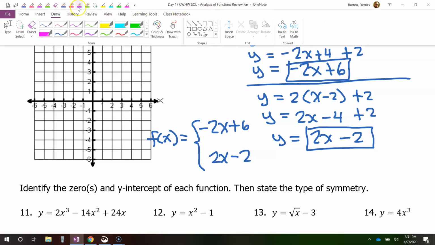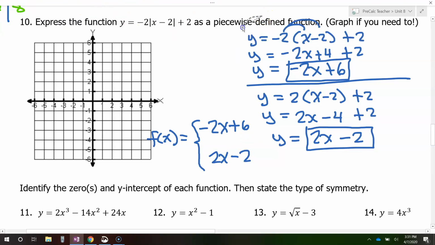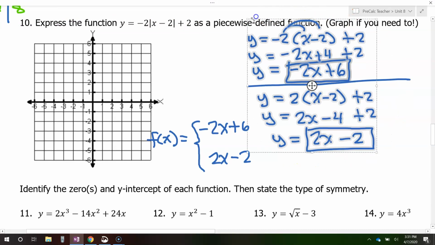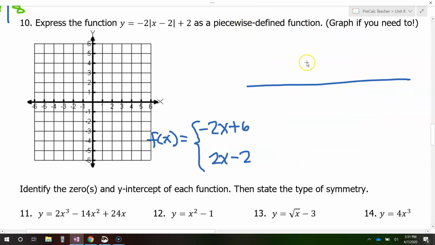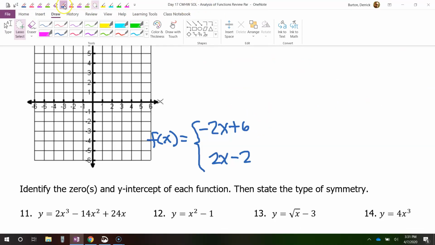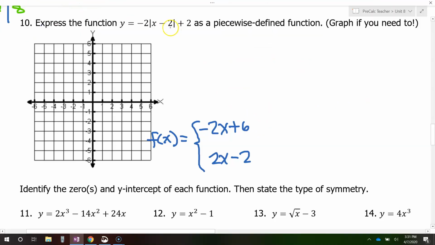The only thing missing is I need the domain that goes with each piece. All right, how do I get the domain? So I will have to think a little bit about what the graph looks like, but just really briefly.